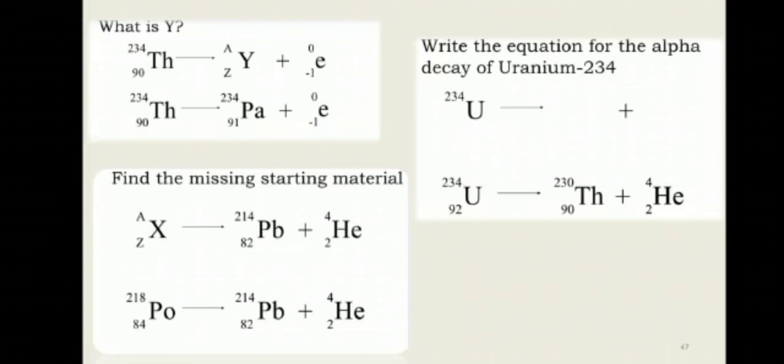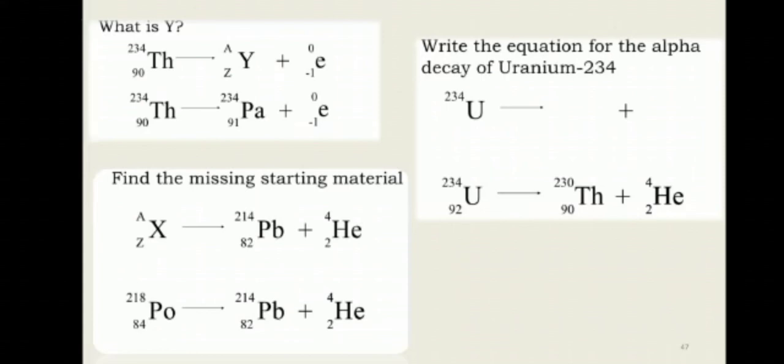In the second case, you have to find the missing starting element, and we are given that it was an alpha decay and the daughter nuclei was lead. Since we know that in the case of an alpha decay, the atomic number of the daughter will be less by 2 and the mass number less by 4, here we have to reverse it.